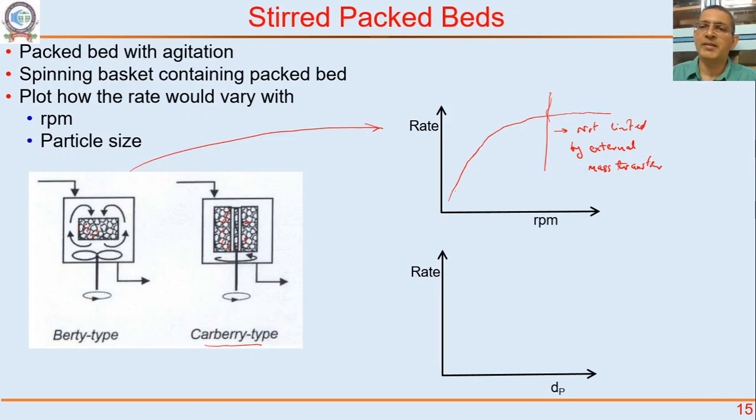I can take this basket and fill it with different particle sizes. Same again like last time. Small particle sizes, the rate is not limited by pore diffusion. Large particle sizes, the rate is limited by pore diffusion.